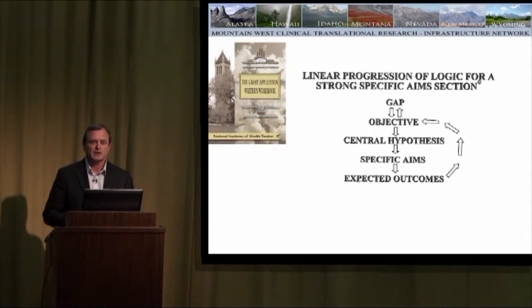They look for a very clear description of what the gap in knowledge is that your research is going to address. They look for a logical objective from which you would generate a hypothesis, and then some very clear specific aims that follow from that logical stream. And then at the end you should tell them, if this all works, what's the outcome and how does this meet our goals? And so this workbook shows very clearly step by step how to generate this type of structure.